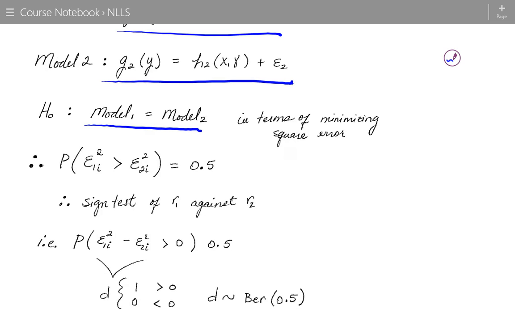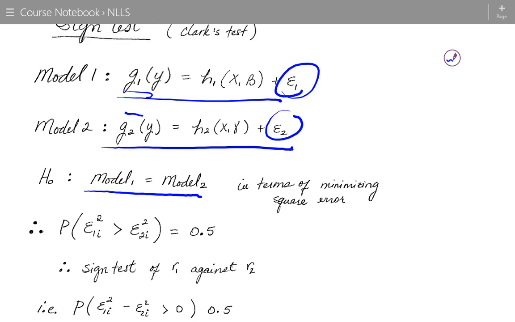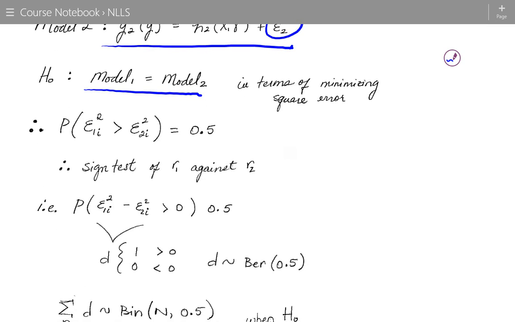You actually can do one-tailed tests as well, but for the moment, look at the logic of model 1 being equal to model 2. If that's true, so they do equally well in the population, then for any given sample, the error term associated with each model, one will be just as likely to be better than the other, or the reverse. In other words, the probability that the squared error under model 1 is greater than under model 2 is 0.5.